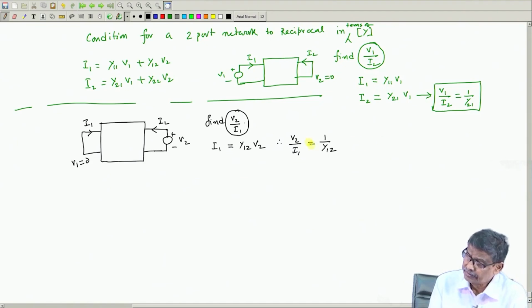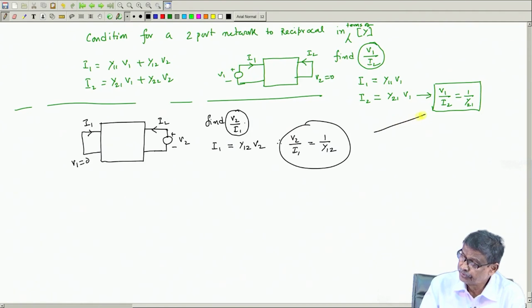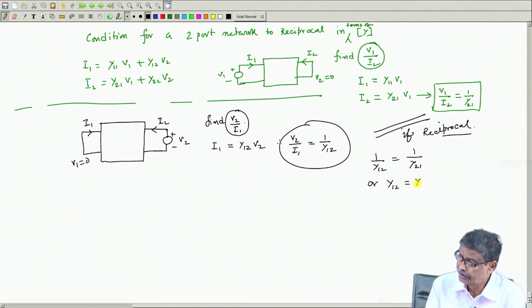Therefore, I conclude that these two should be the same if reciprocal, which means that 1 over y 1 2 is equal to 1 over y 2 1, or y 1 2 is equal to y 2 1.